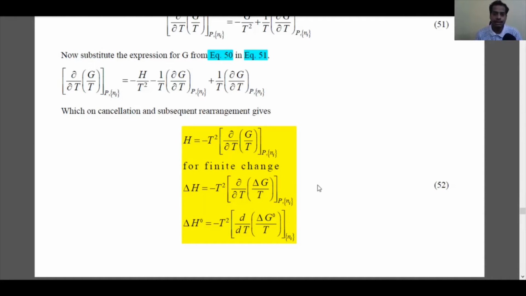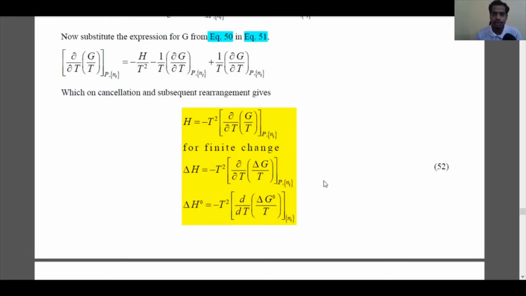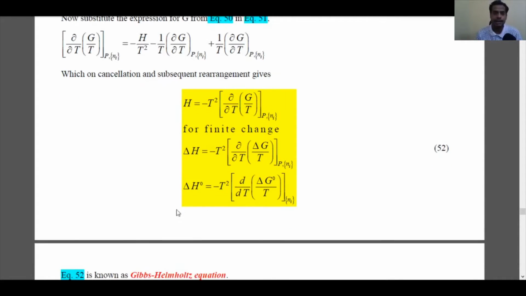For finite change, I will get delta H is equal to minus T square partial differentiation of delta G by T. The same for finite change at the standard state, I will get delta H0 is equal to minus T square total, normal differentiation of delta G0 by T. At standard state it is not needed to mention the partial differentiation because the pressure is constant already.